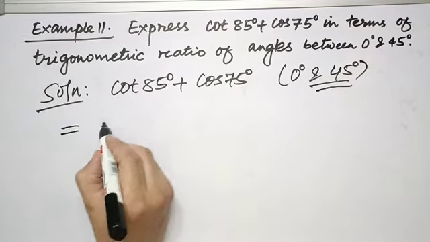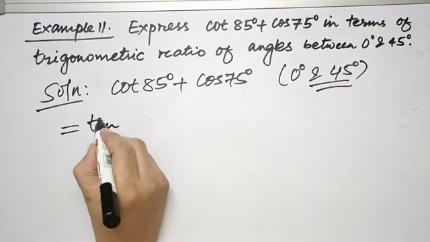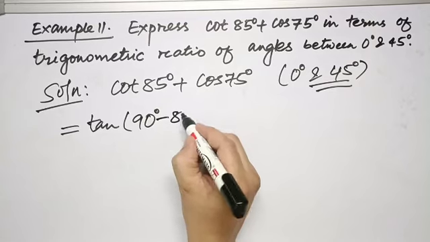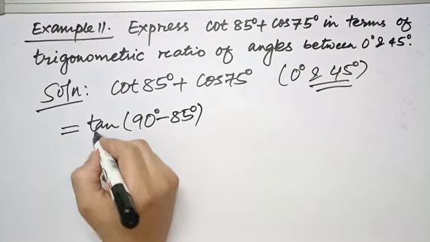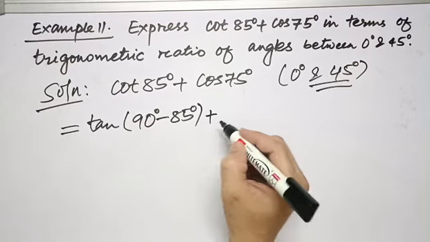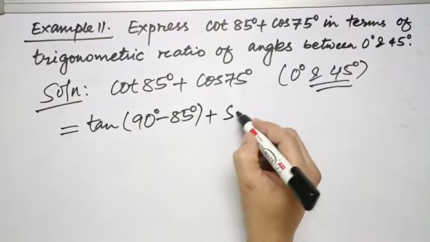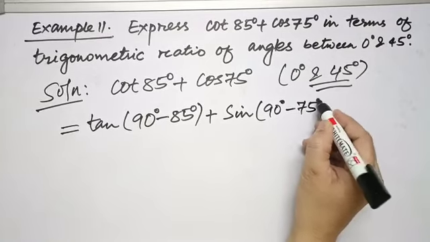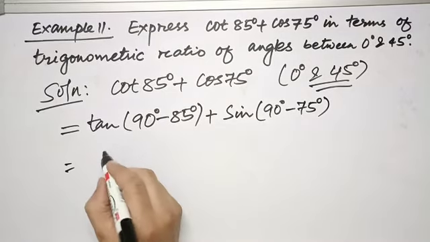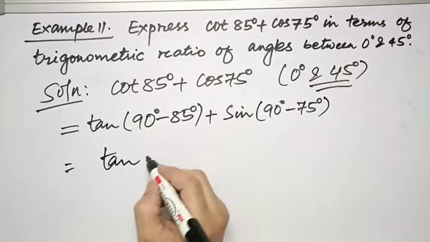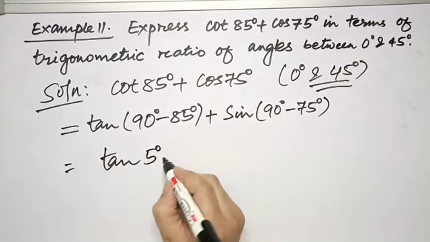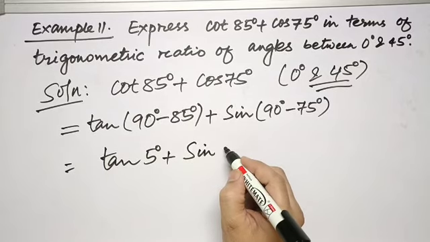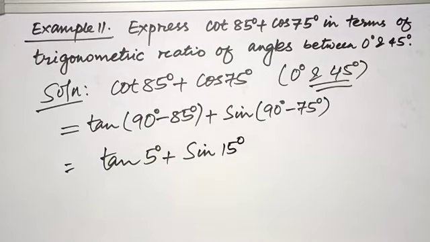It's very easy. By now you might have known how to use the complementary angle. We can use cot will change into tan and cos will change into sin, and cot and tan, cos and sin are complementary, right? So I'll write sin 90 minus 75 and tan 90 minus 85, which will give me 5 degree, and sin 90 minus 75 will give me 15 degree, right?